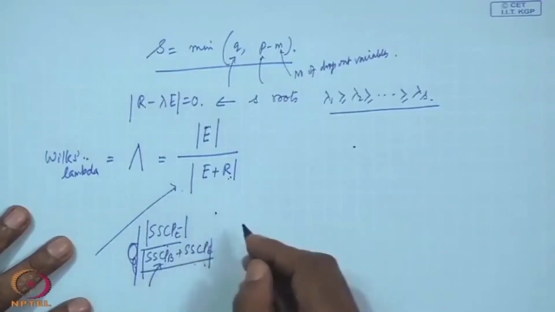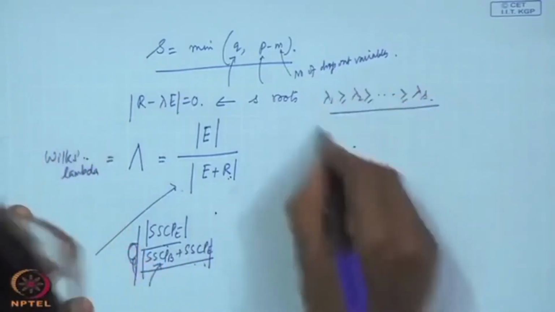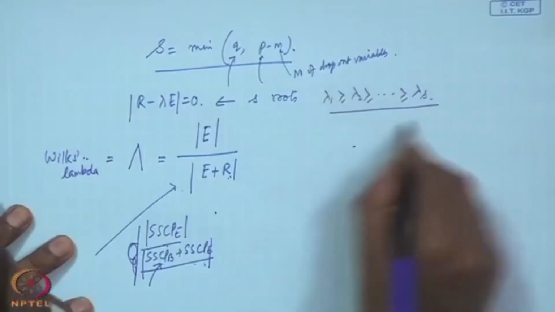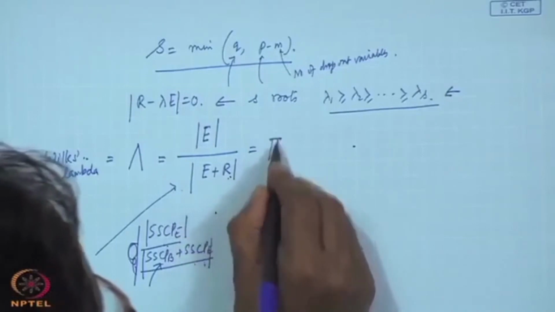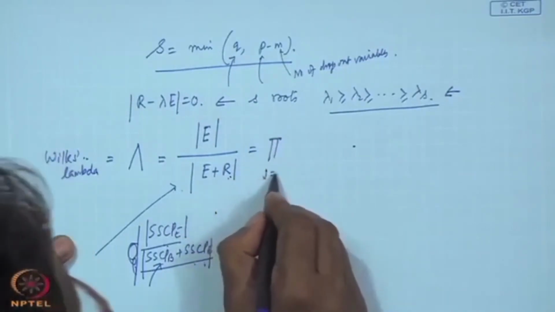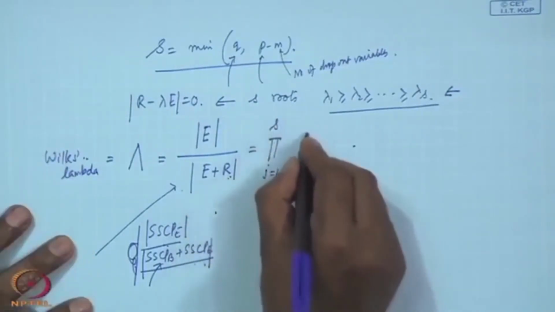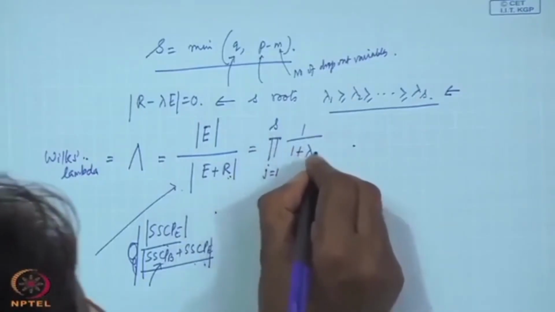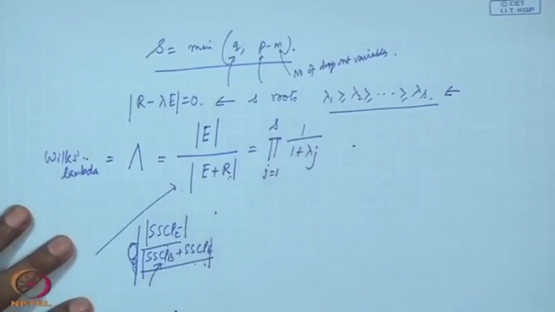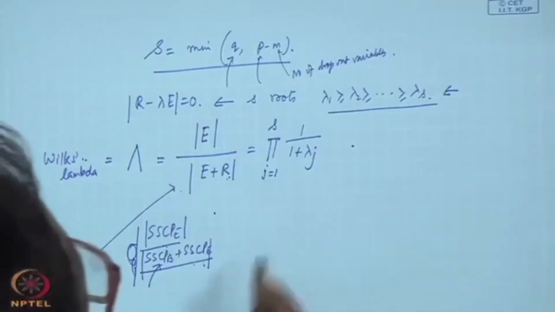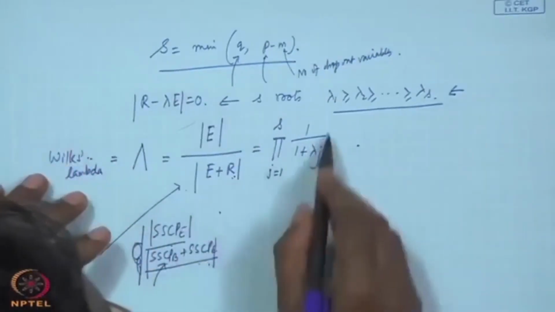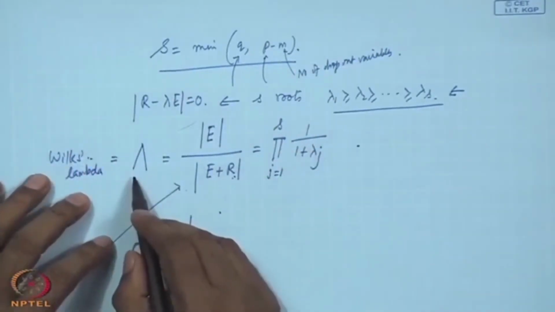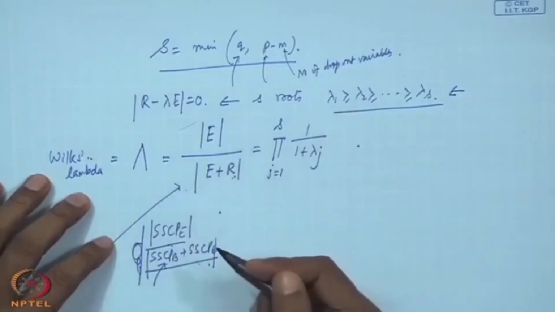When you define it in terms of eigenvalues, it will be the product over j equal to 1 to S of 1 by 1 plus lambda j. So you need to solve this equation, find the lambda values, and then you will be able to find the Wilks lambda values also, small lambda and capital lambda.